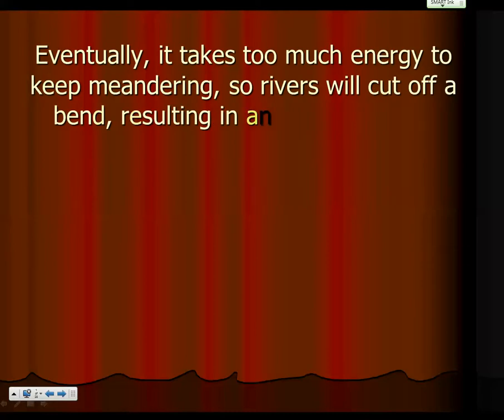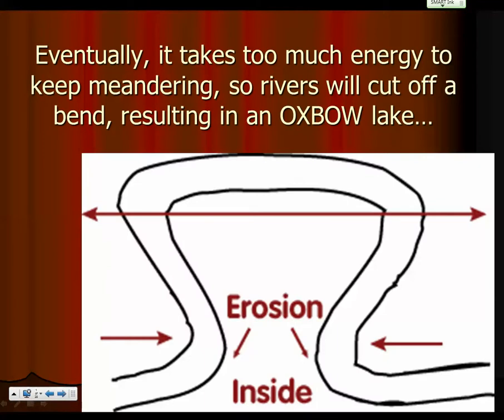So eventually it takes too much energy to keep meandering. So rivers, which are lazy, will cut off a bend, resulting in an oxbow lake. That happens during floods.